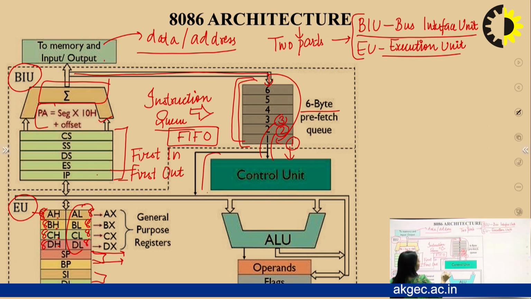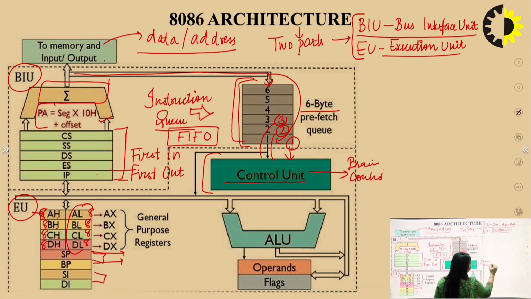And here in the execution unit, there is the control unit. Whatever function is going on in the microprocessor 8086, all the transferring, is done by the control unit. You can say it is the brain. It is controlling everything. Here ALU is the arithmetic logical unit.